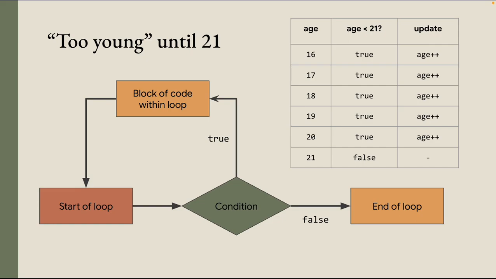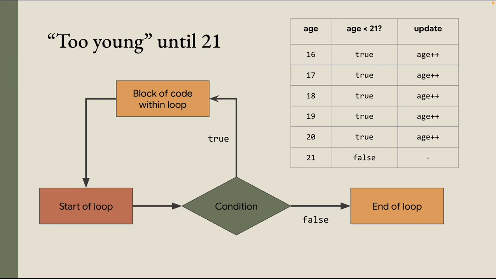So what I was explaining is that if we get into the loop, because remember we're trying to get age to be 21. We're trying to stay in this loop until age is 21. The only way we can get from 16 to 21 is to add 1 to the age every time.